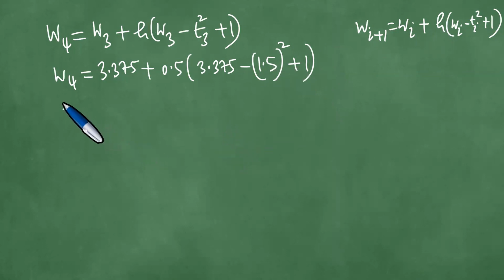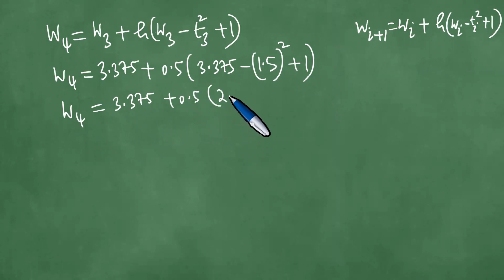Which means that W4 can be seen as 3.375 plus 0.5 times 2.125, like so. And then what is this?